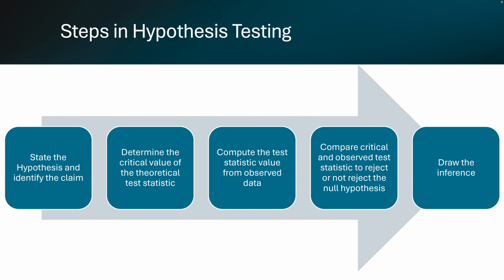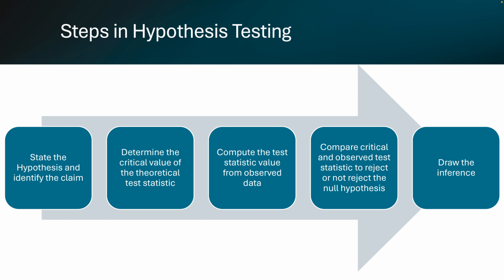Then we compute the test statistic value from the observed data. Once we have this theoretical and the observed statistic, we compare them to decide whether to reject or not reject the null hypothesis.